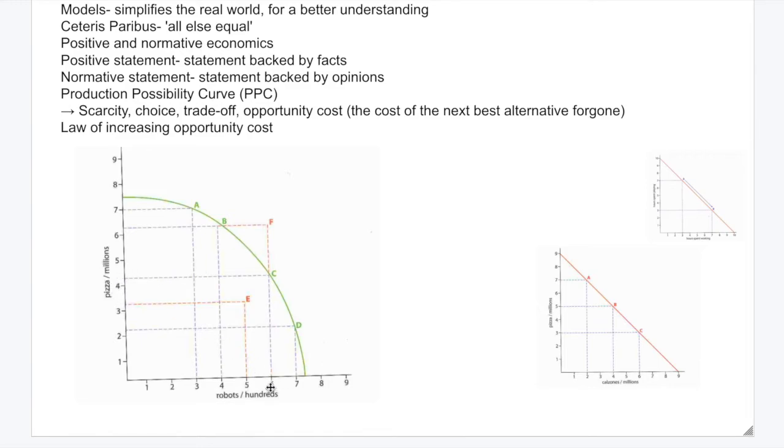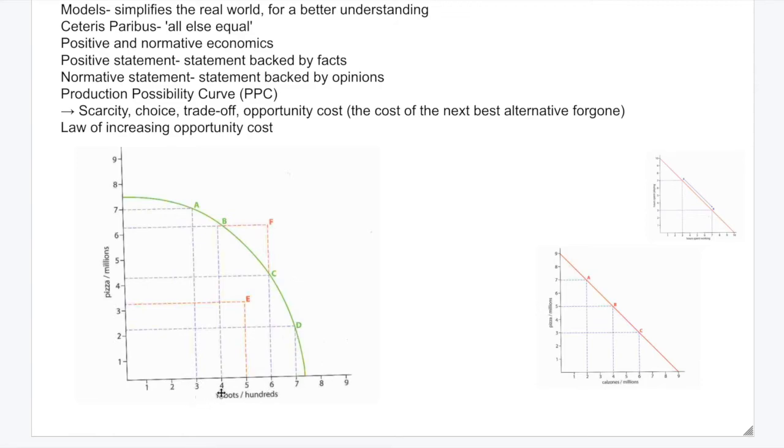And let's say you want to produce an additional 100 robots, from 600 to 700. What's the opportunity cost of doing that? Well, look at the vertical distance here. At 600 robots, you could have made around 4.2 million pizzas, but at 700 you can only make 1 or 2 million pizzas, a decrease of around 2 million pizzas for just 100 additional robots.